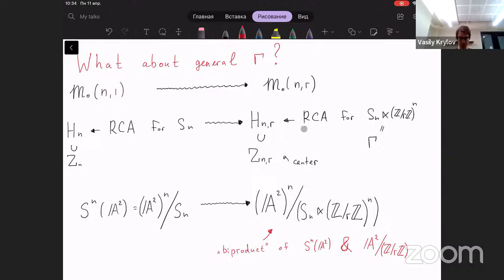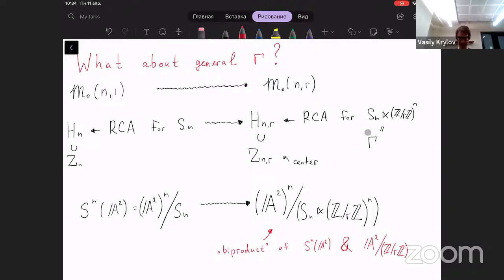Exactly, we should do the following. We can consider the rational Cherednik algebra, but now corresponding to the following group. We consider the semi-direct product of Sn with Z mod R Z to the power n. This is still a group generated by reflections, and the work on symplectic reflection algebras of Etingof and Ginzburg works very well for them. So this is the natural candidate.